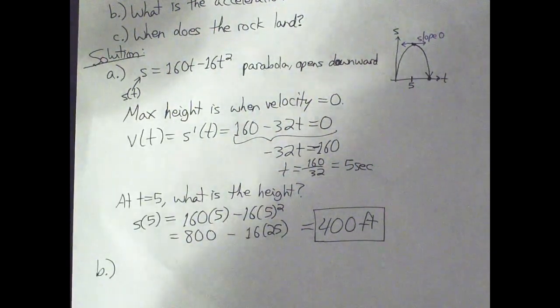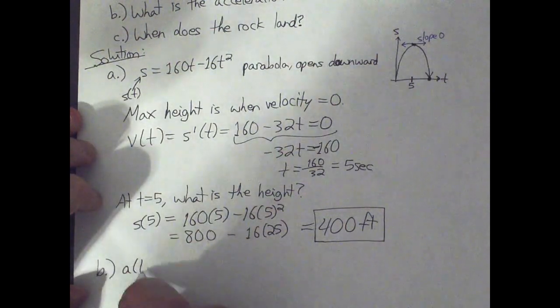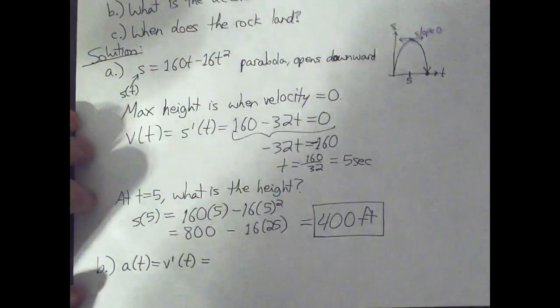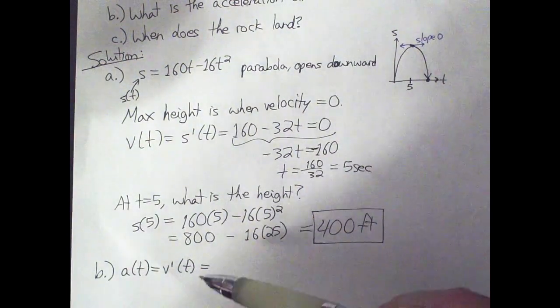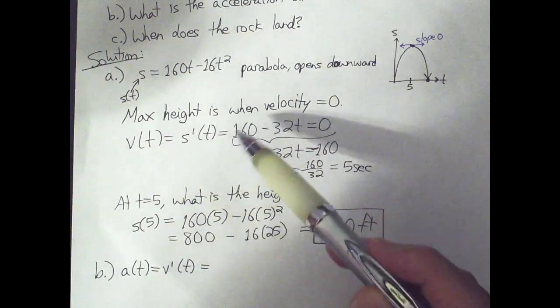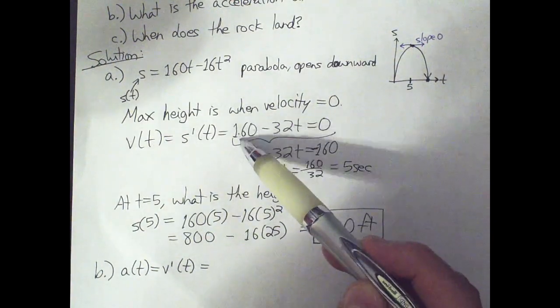Part B says, what is the acceleration at t equals 1 second? Acceleration is supposed to be the derivative of velocity, right? We already found velocity. V of t is 160 minus 32t. So I want to differentiate.